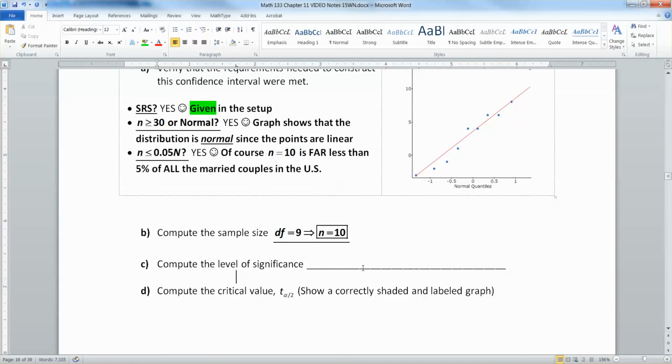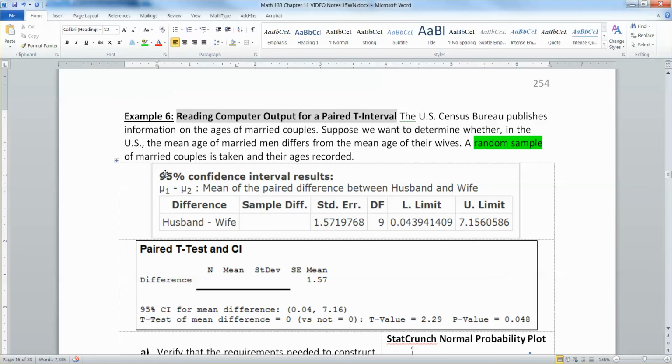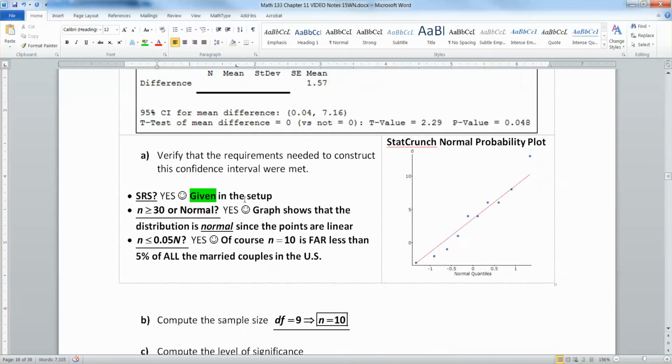Now your level of significance is your alpha. So you need to look at your confidence level and figure out that alpha is 0.05 because your confidence level is 95%.